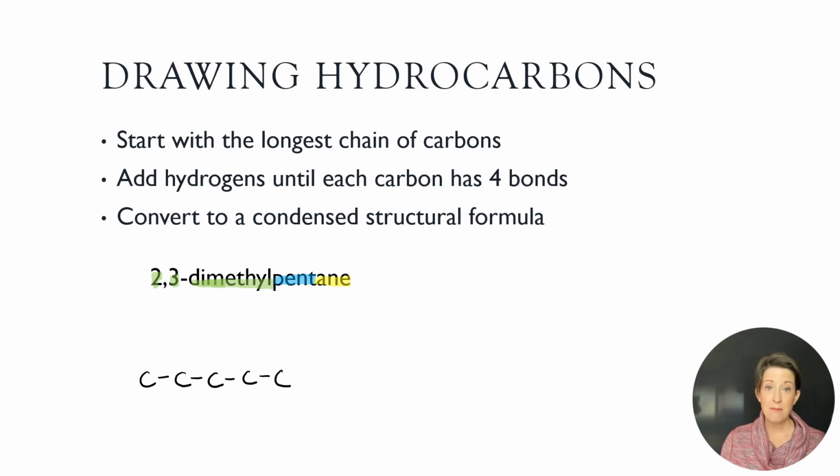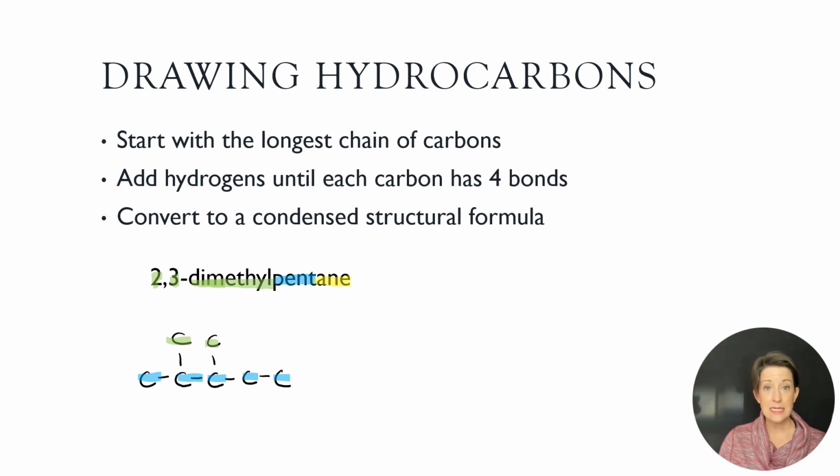So I need to have a methyl group on carbon number 2. So if we have 1, 2, I need a carbon coming up off of that second carbon. And then we have 3, and I need another carbon coming up off of the third carbon. So now I have accounted for all my carbons within this compound. I have my pent, and I have got my dimethyls.